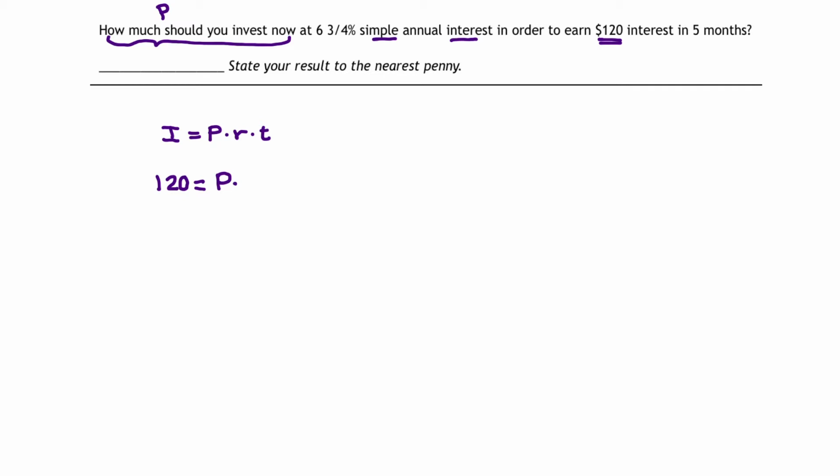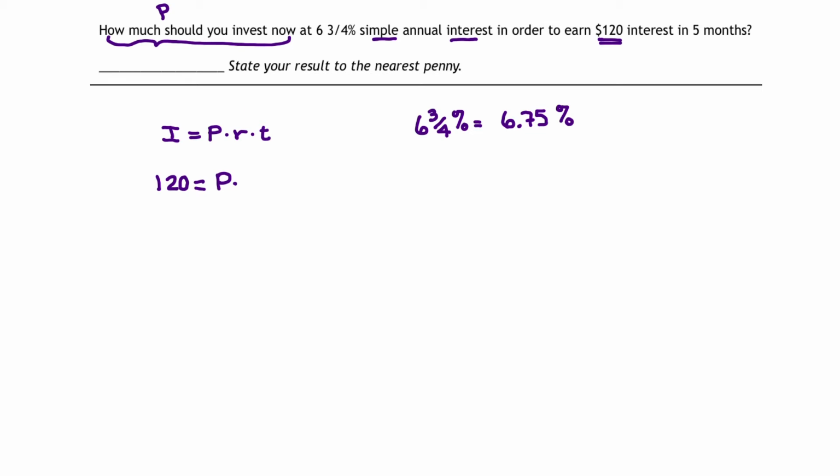All right, so let's do a little scratch work over here. 6 3/4%. Well, what is that? That is 6.75%. I happen to know that 3/4 is 75 cents, or 3/4 is equivalent to the decimal 0.75.